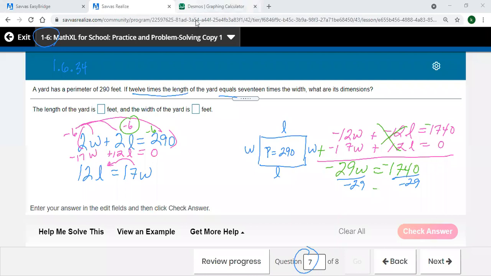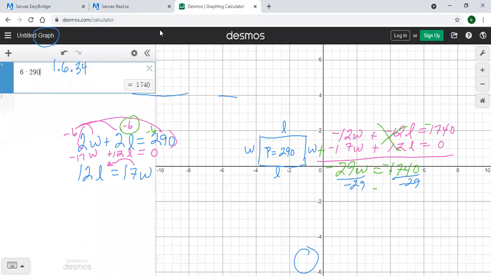1740 divided by 29. I think it's going to be 60 because 290 divided by 29 is 10. 60 we're getting for the answer there.